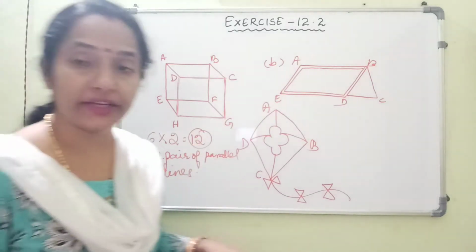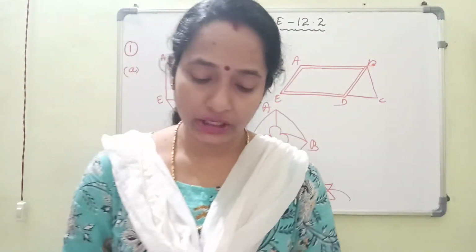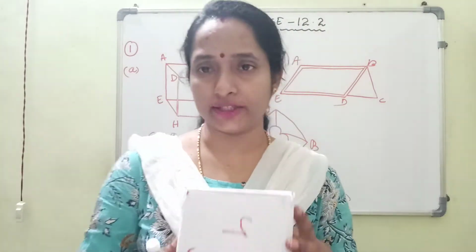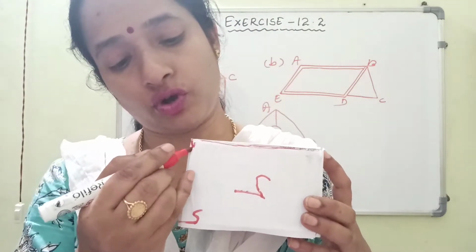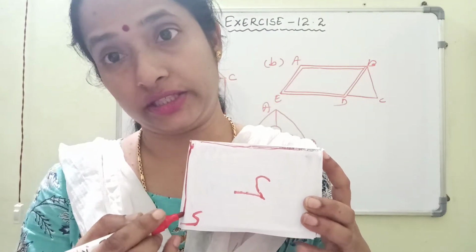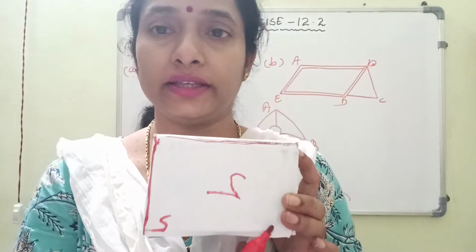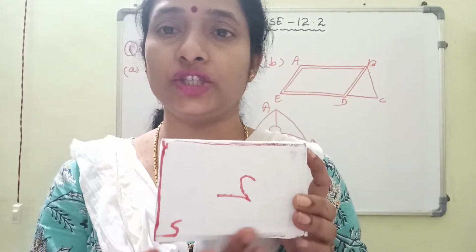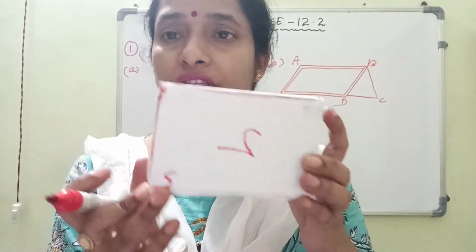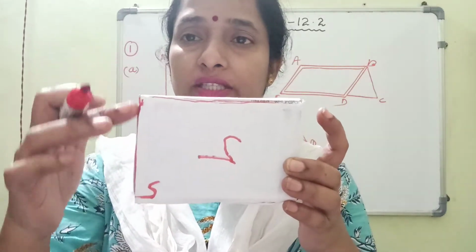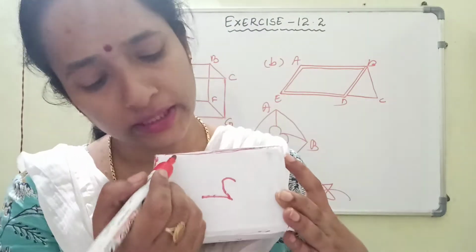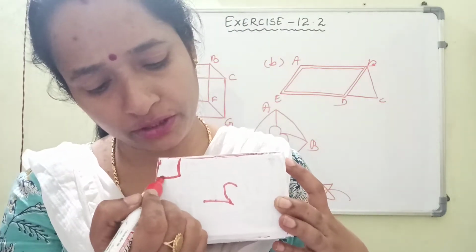Next we have to find out how many pairs of vertical or perpendicular lines we have. Now observe this face. I am just marking a little. See this edge and this edge. If you observe these two edges carefully, you will find they are perpendicular to each other.